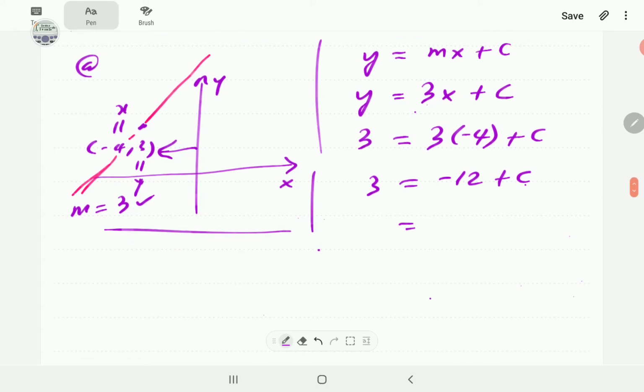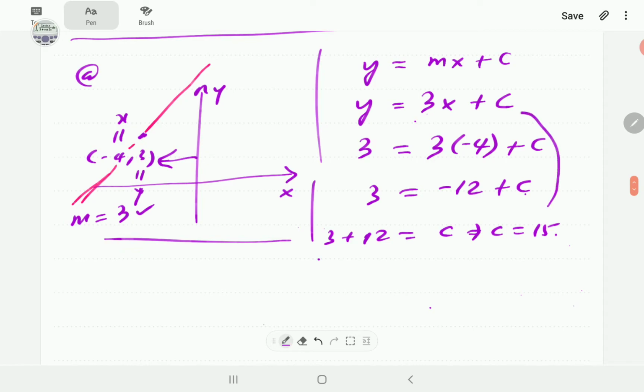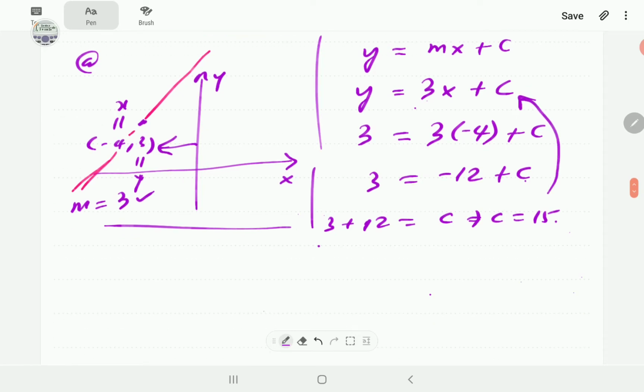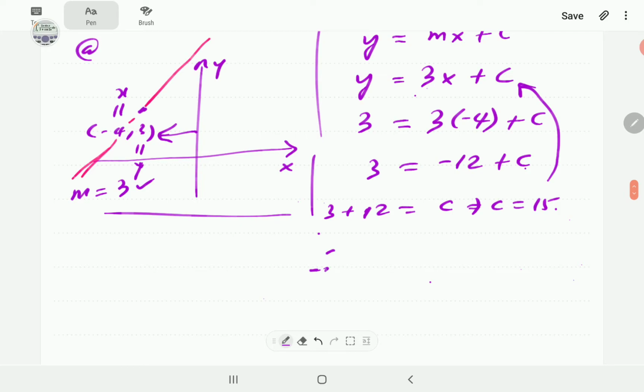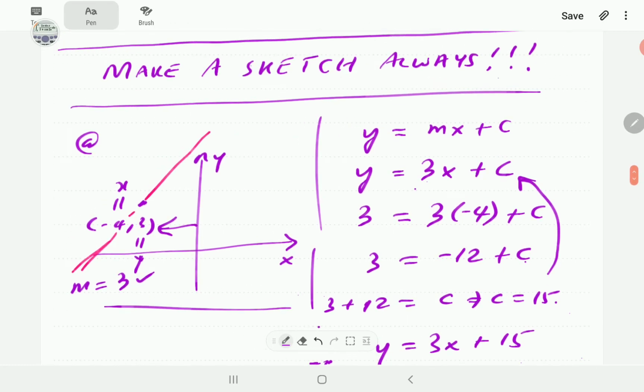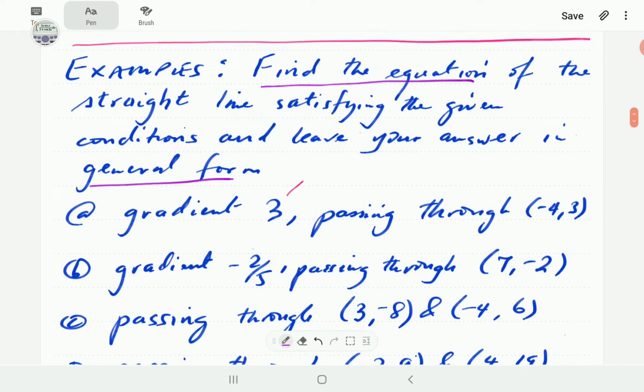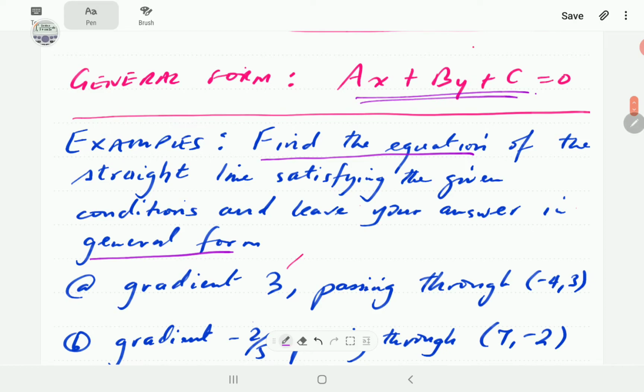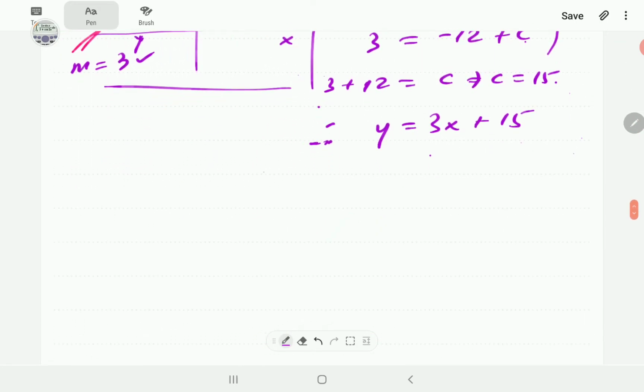If we bring 12 to the left hand side, this is telling us that c is equal to 15. Then we go back to this equation and plug in c is 15. So y is 3x plus 15 is our equation. Now, since we want to write it in a general form, then we bring everything to the one side.